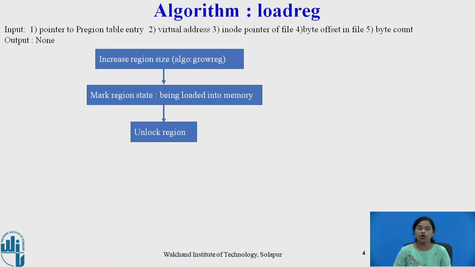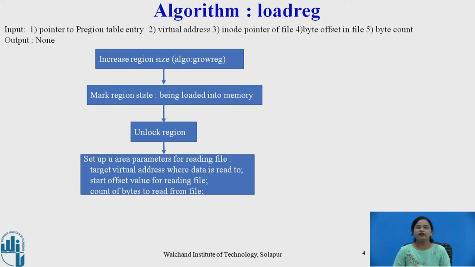Then it has to unlock the region, and after unlocking it, it sets up the U area parameters for reading a file. It sets the target virtual address where the data is read to, the start offset value for reading the file, and the count of bytes to read from the file, that is, how many bytes it wishes to read from the file.